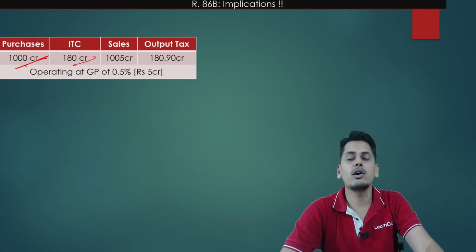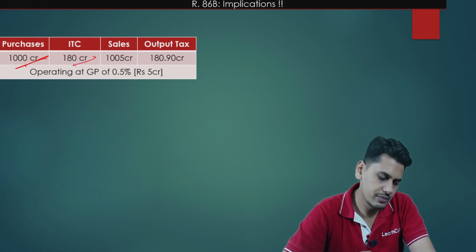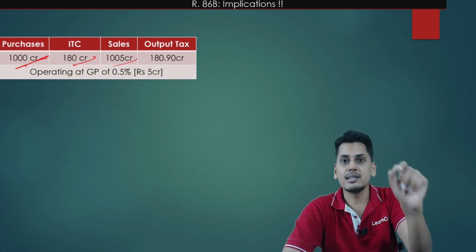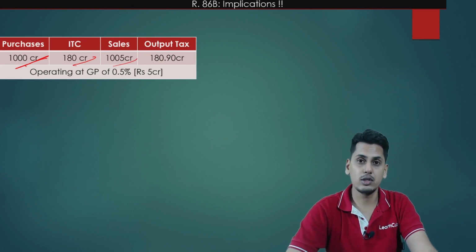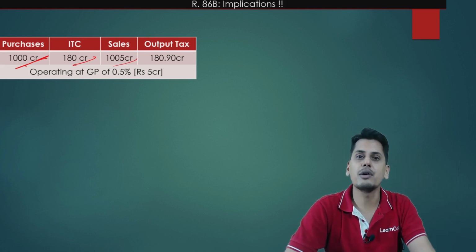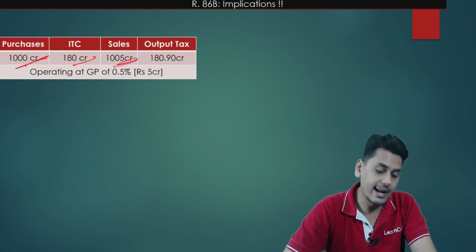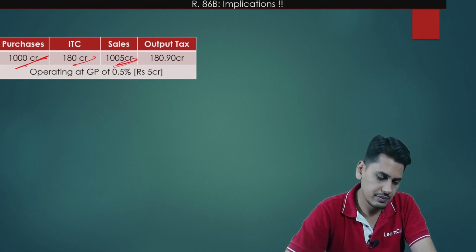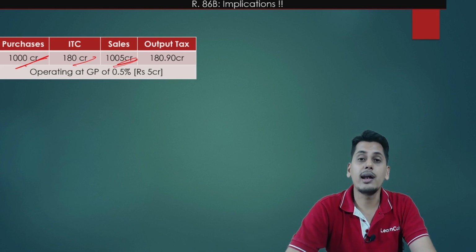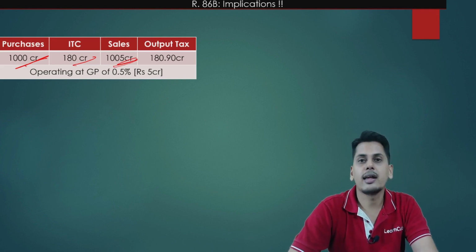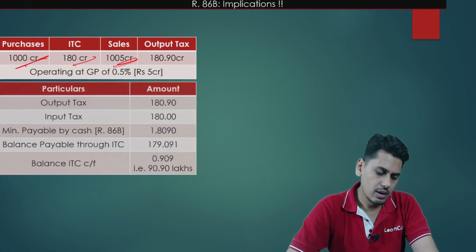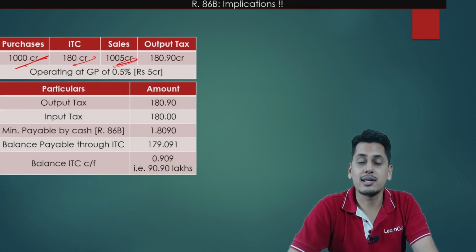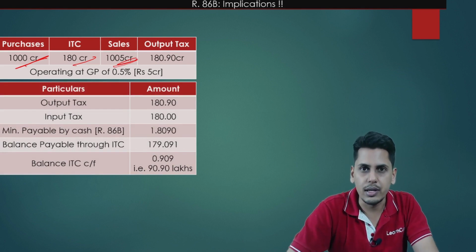Input tax credit thereon 180 crores. 0.50% is his gross profit margin, so he makes a sale at 1005 crores. Output tax 180.90 crores.